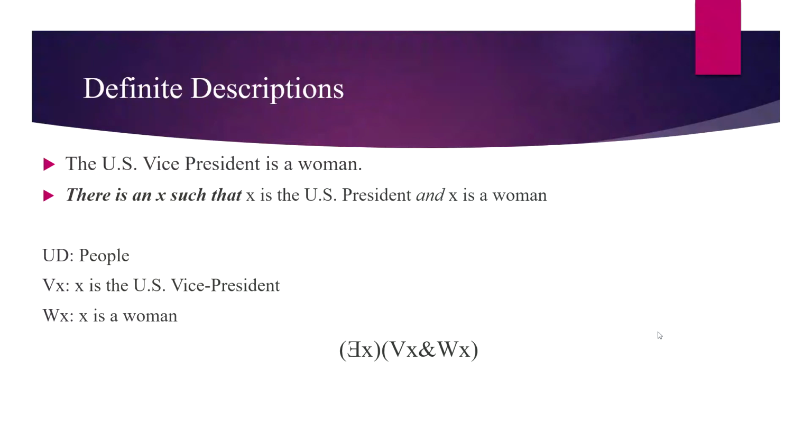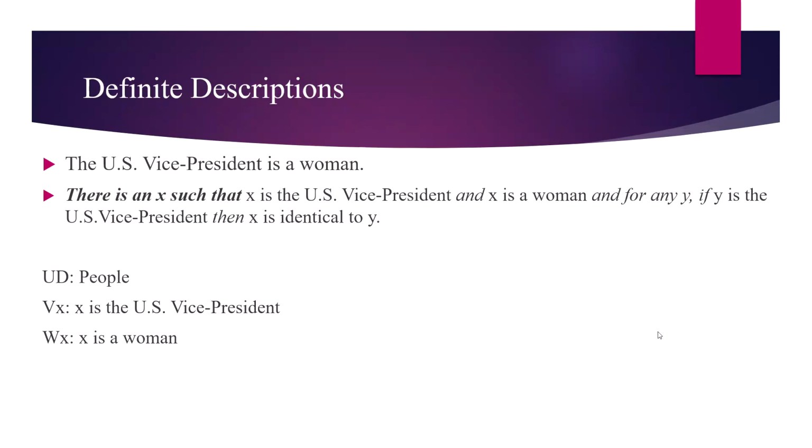So we need to add a clause that says for everything in the universe, if it's the US Vice President, it's this same person. The way that we do that is by adding the clause, and for any Y, if Y is the US Vice President, then X is identical to Y. This might seem a little confusing right off the bat as to why we set it up that way.